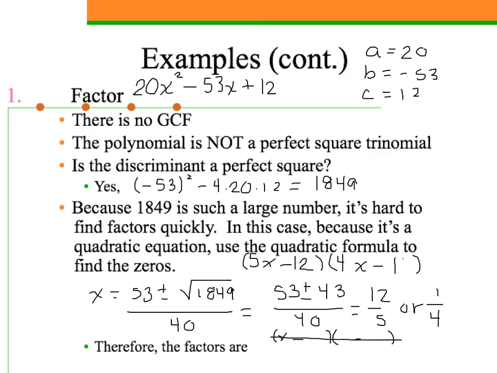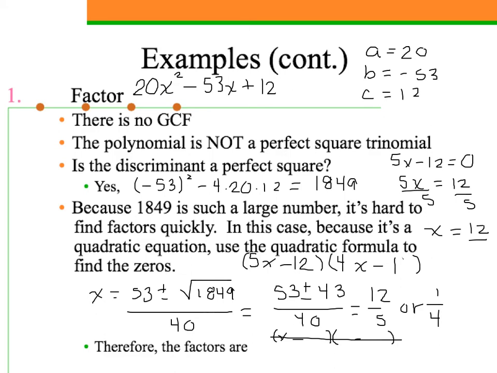Here's why. If you take the 5x minus 12 and you set it equal to 0, to solve for x you'd need to add 12 to both sides and divide by 5. In the end, you get the zero that you started with. The same would be true if I did that with the 4x minus 1.